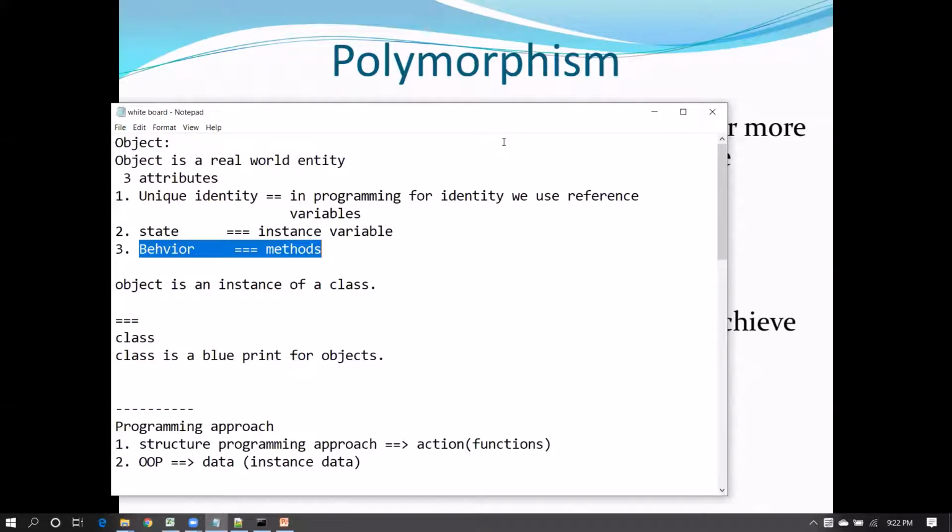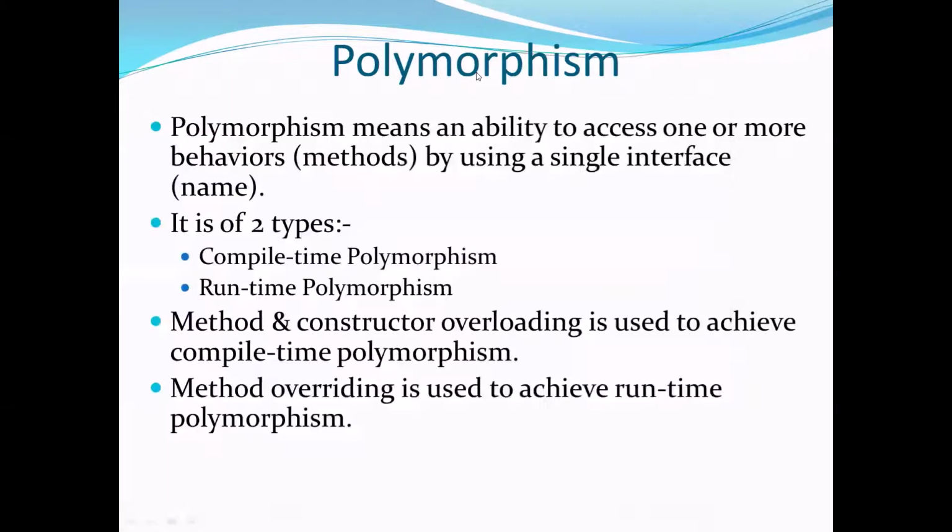I hope this statement is clear to all of you. Now come to the point. Polymorphism means if any object has a behavior and that object shows that behavior in different ways, a single behavior in different ways, that is called polymorphism.